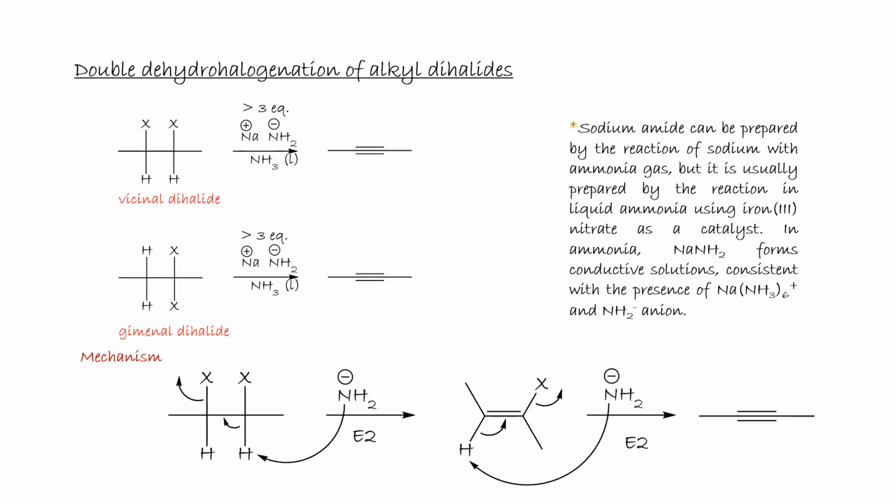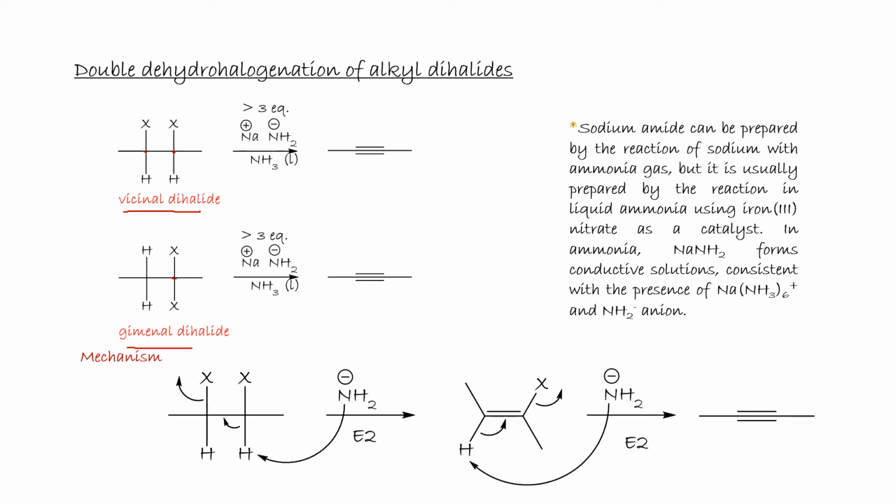Double dehydrohalogenation of alkyl halides leads to the formation of alkynes, starting with a vicinal dihalide, where the two halogens are attached to two adjacent carbons within the molecule, or a geminal dihalide, where the two halogens are attached to the same carbon atom.